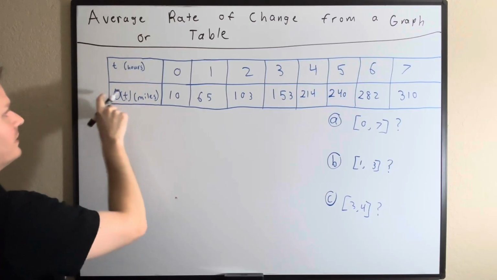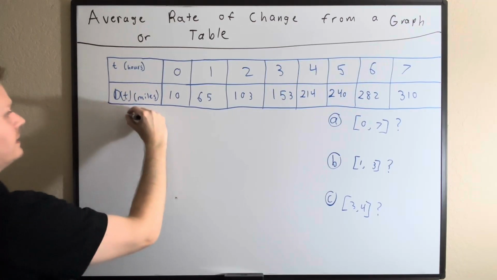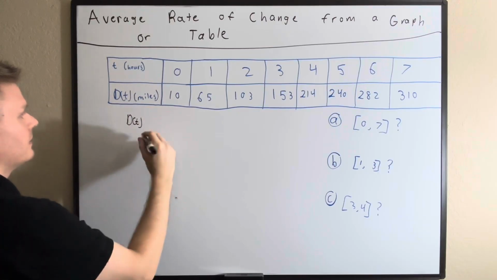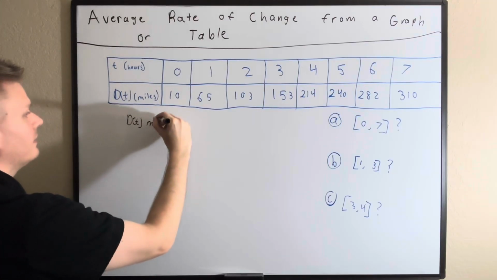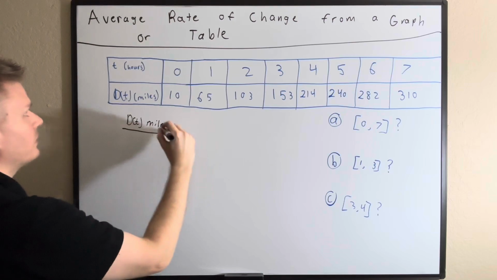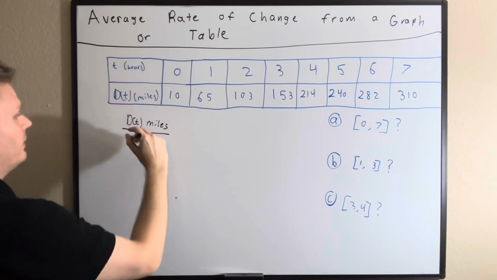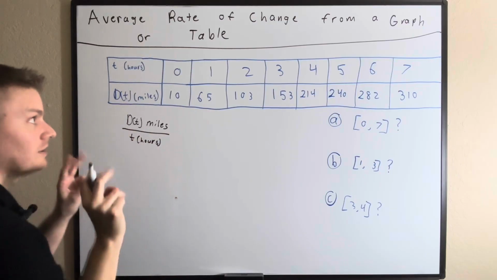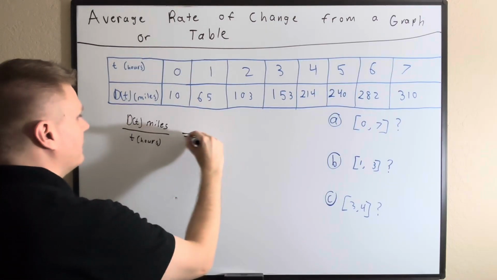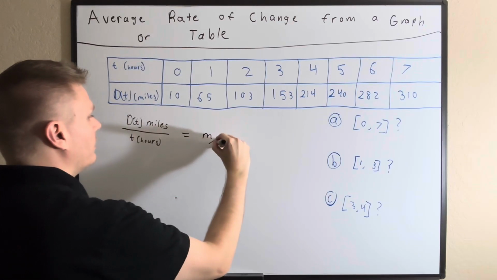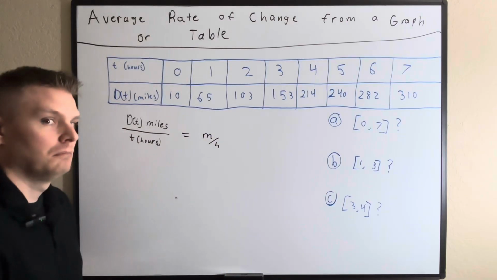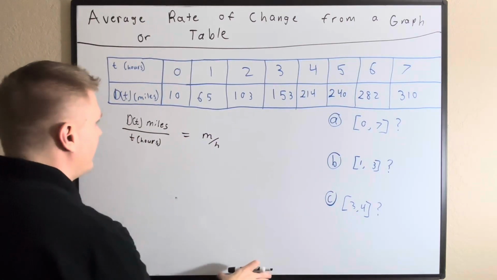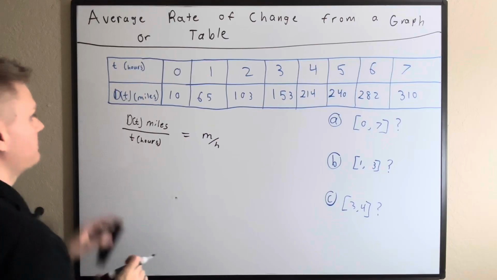So the rise would be the y values, or in this case d of t, which is miles, right? Over, that's the rise, over the run, which is t, hours. So when you find the slope or the rate of change, you get miles per hour. Makes sense, right?